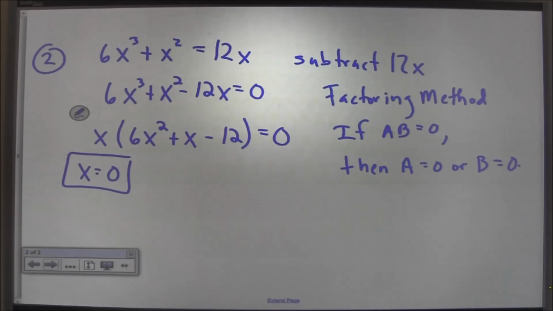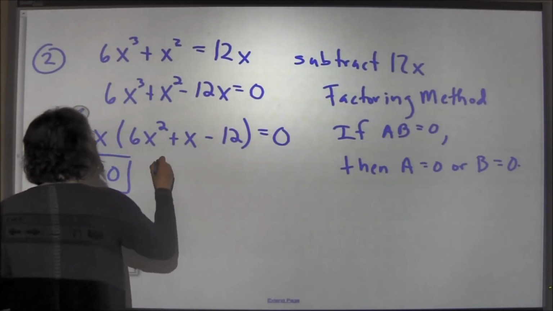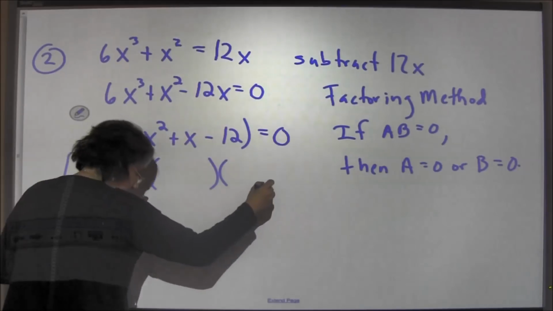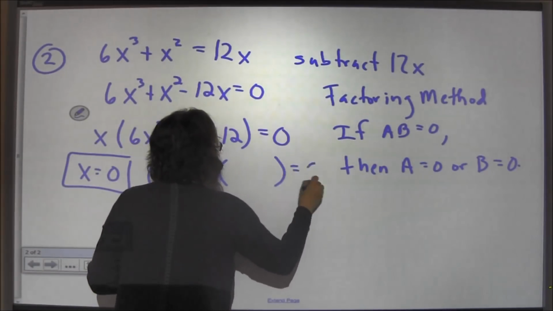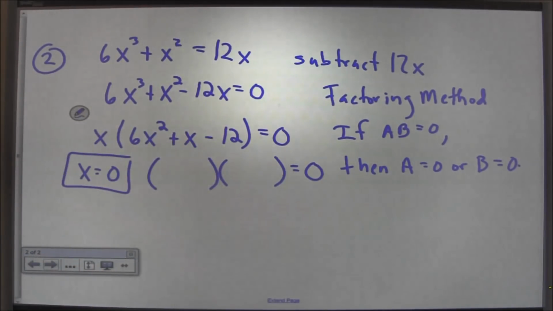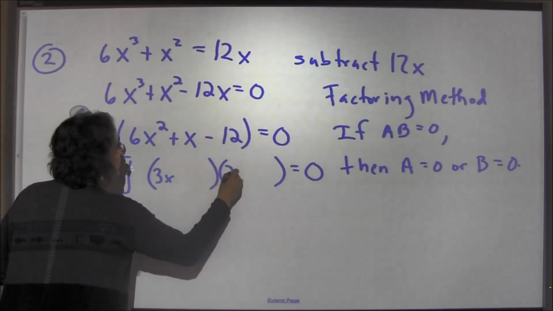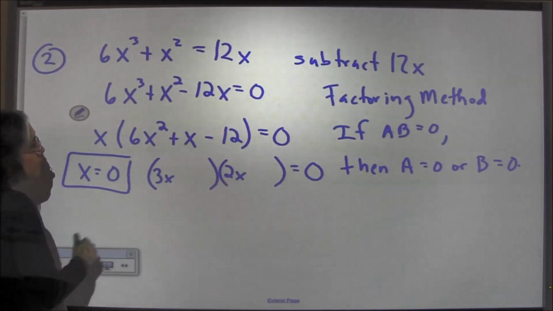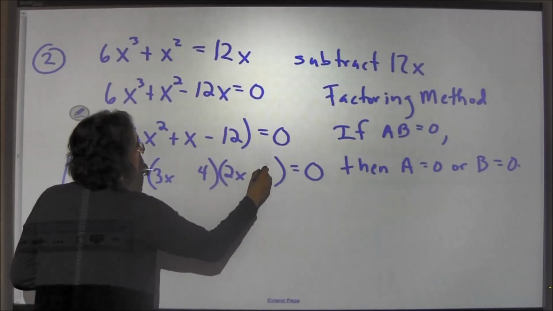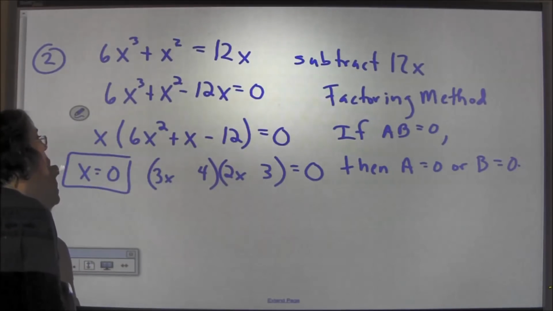And now we have to factor the 6x squared plus x minus 12. Nope, that's not it.